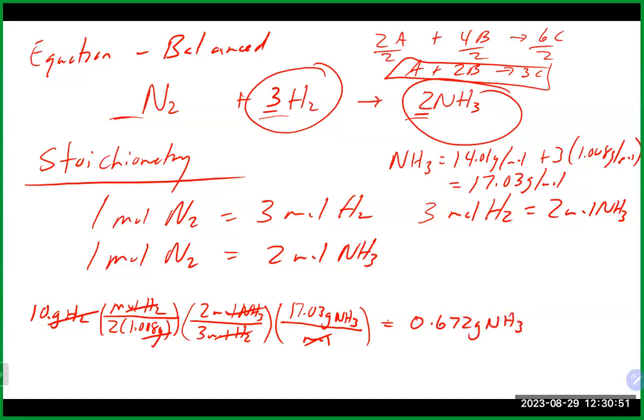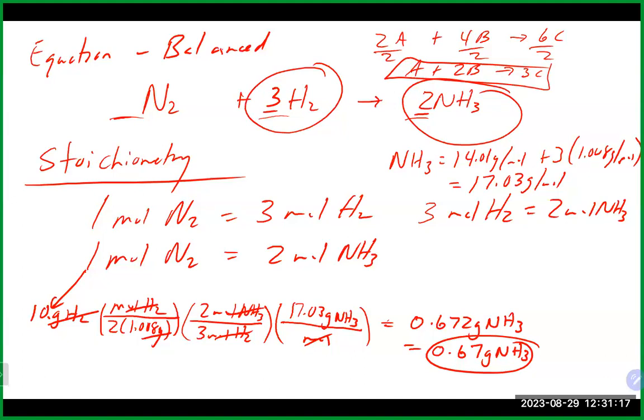That means if I throw in 10 grams, I really should get out 0.67 grams of NH3 based on sig figs. If I throw in 10 grams, everything goes great, no side reactions, I'm not a klutz and I don't drop everything on the floor, I should get out 0.67 grams of that NH3.